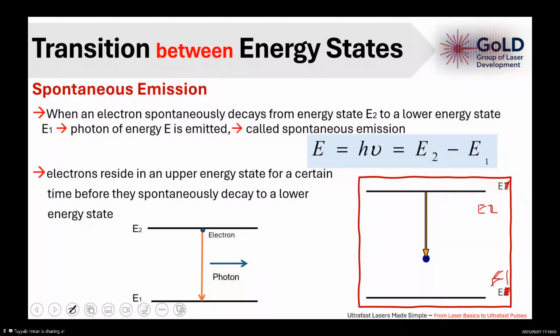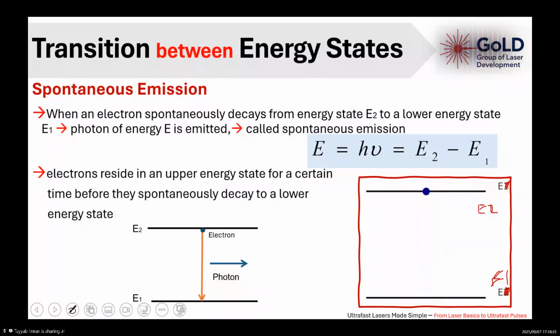So what do you see here? It is happening that the electron has decayed, or more correctly, the atom has decayed. The electron jumps or moves from the higher energy level to the lower energy level, E2 to E1, and it may release a photon.